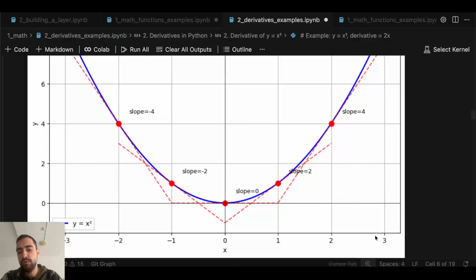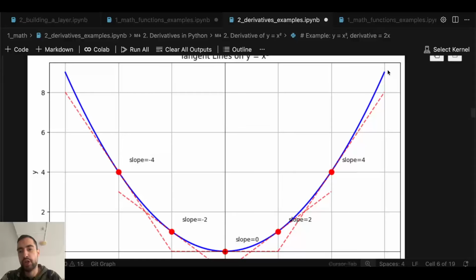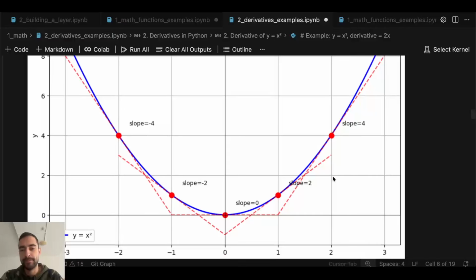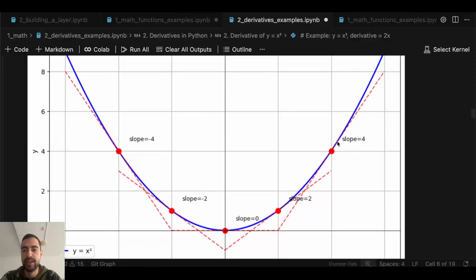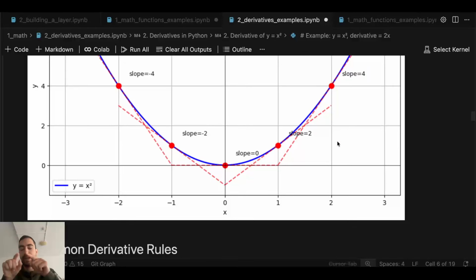As you move towards 3, the slope will become 6, it will increase. So that's why I say if you just increase x by a little bit here, y will increase by this amount, 4 times or 6 times. But if you increase x by a lot more, then the slope will also change.